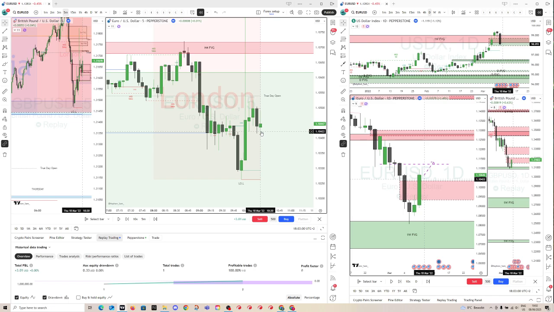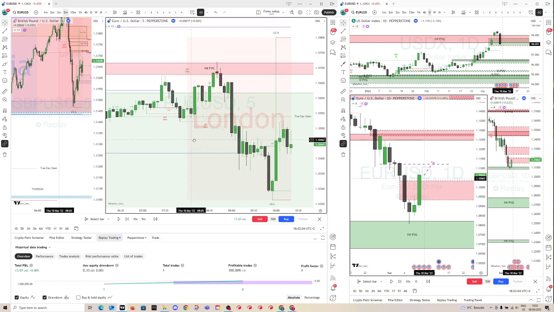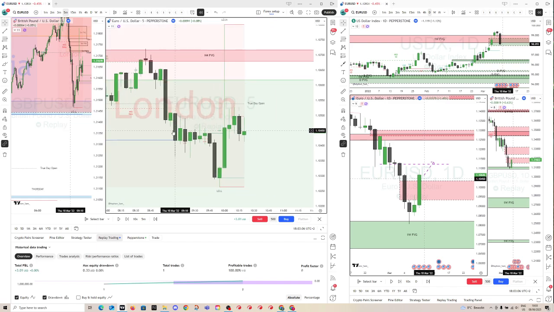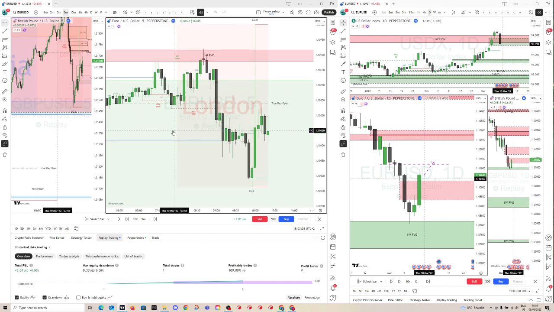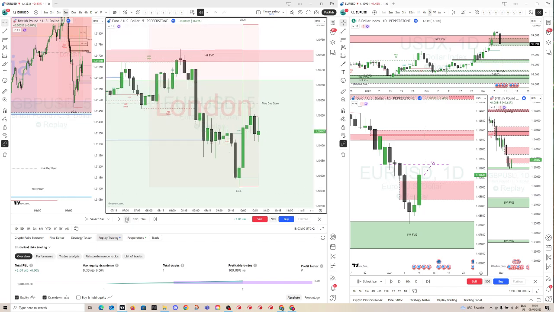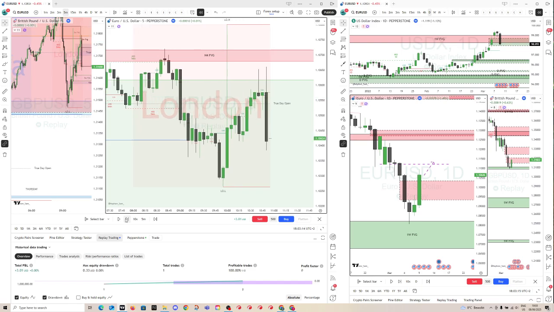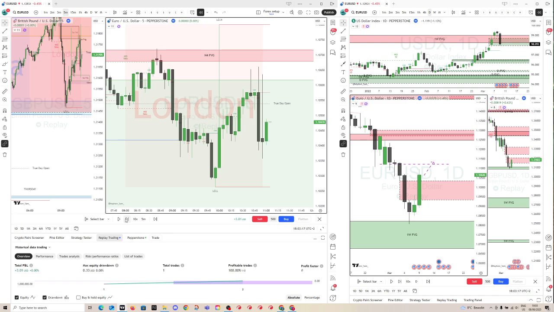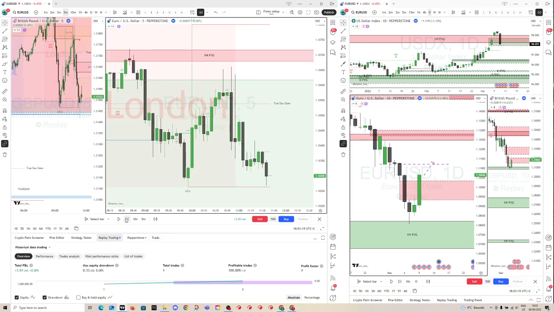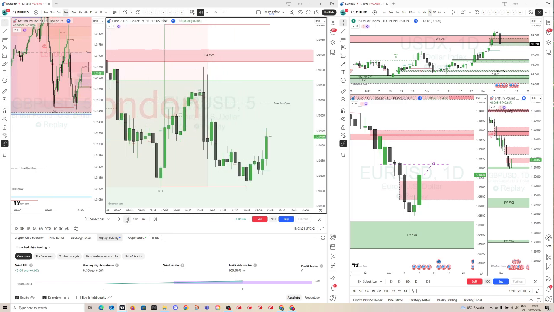I would love to take that as an entry, but there's no bullish market structure shift. I'm just going to wait for the market structure shift. A lot of volatility. Another sweep.